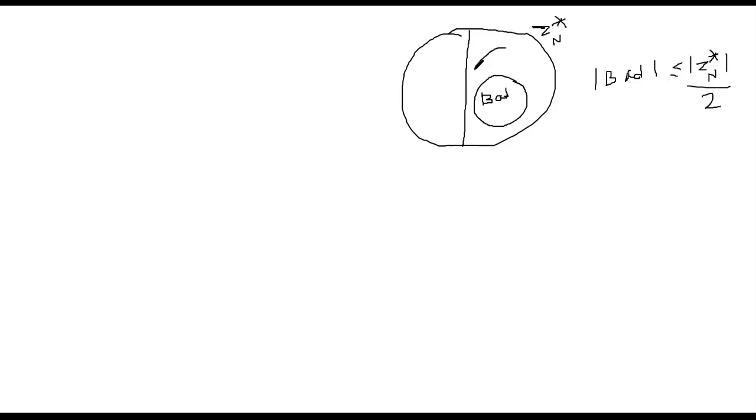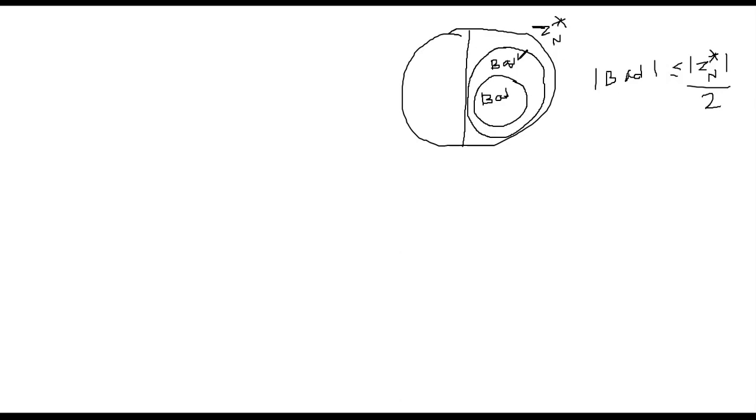I'm going to draw another set here. What is the difference between bad and bad prime? That will be clear in the next segment, but at this point assume I will be able to construct a bad prime as another set, which contains all the elements of bad. That's basically the subset.